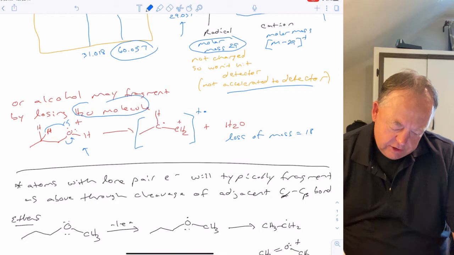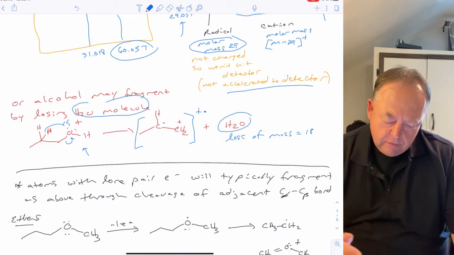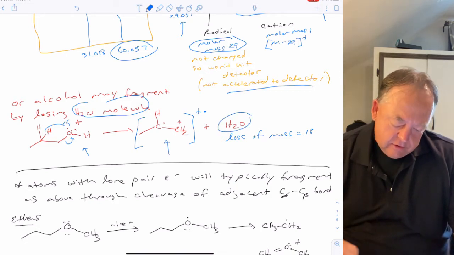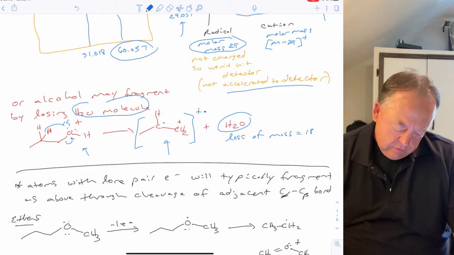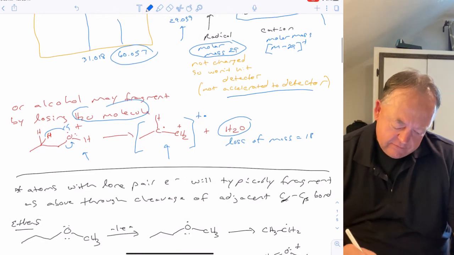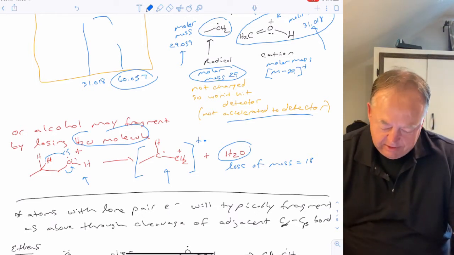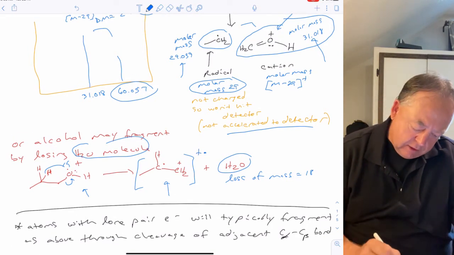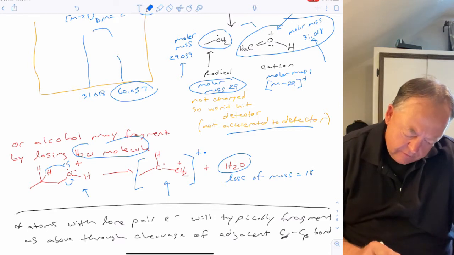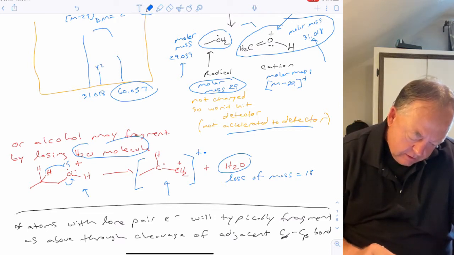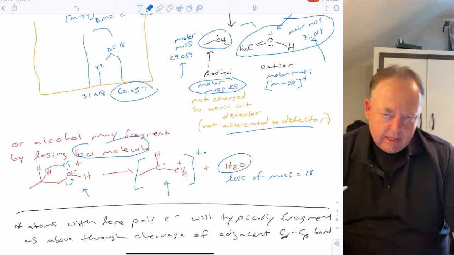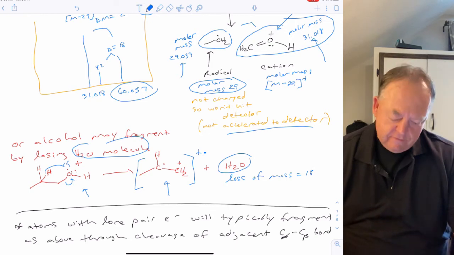So now water is neutral, and you have this as your radical cation. In that case, you would see a mass for the radical cation, but it would be 18 mass units less, so 42. So if you see a peak here at 42, where the mass difference is 18, that would mean a water molecule fragmented off.